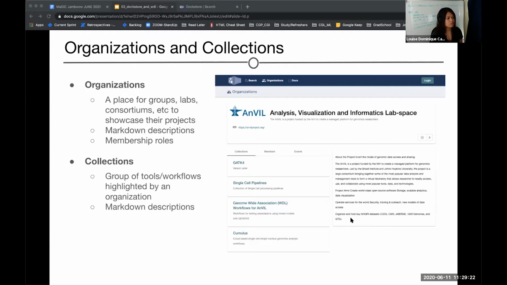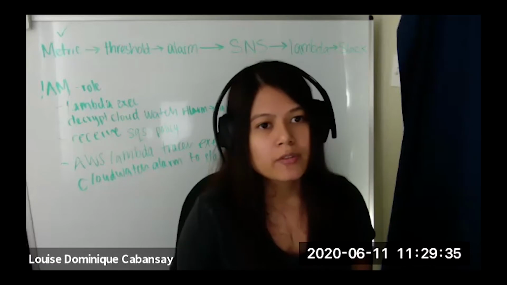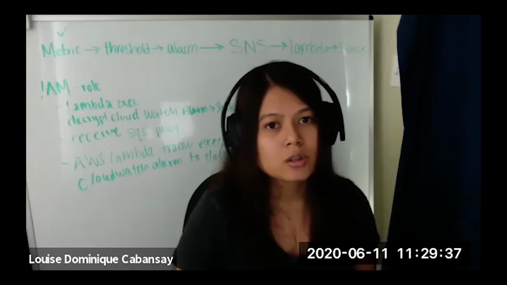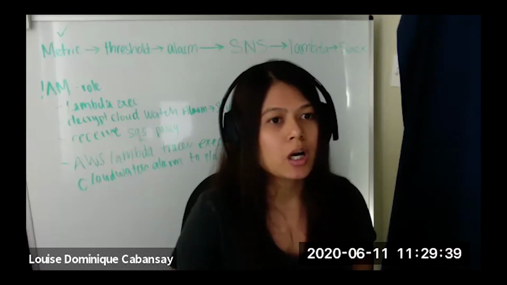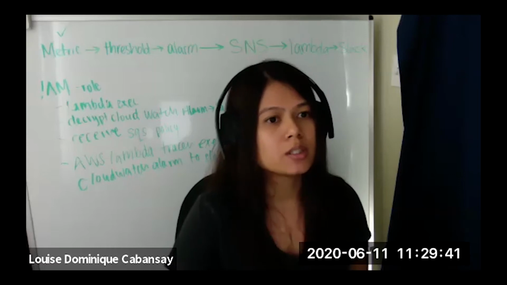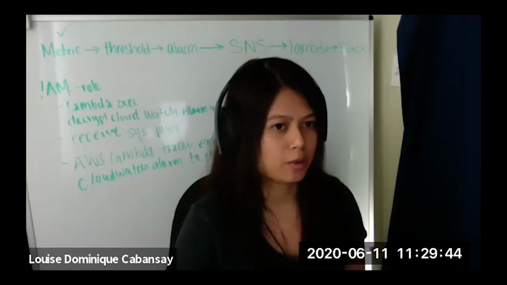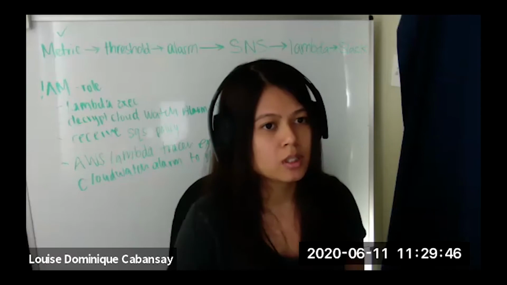You can do things like show figures, describe what the tools do, or link to workspaces in the Terra environment, etc. So now that I've shown you how you can use Dockstore for sharing and searching, another reason to use Dockstore is to simplify the installation process of these tools themselves.